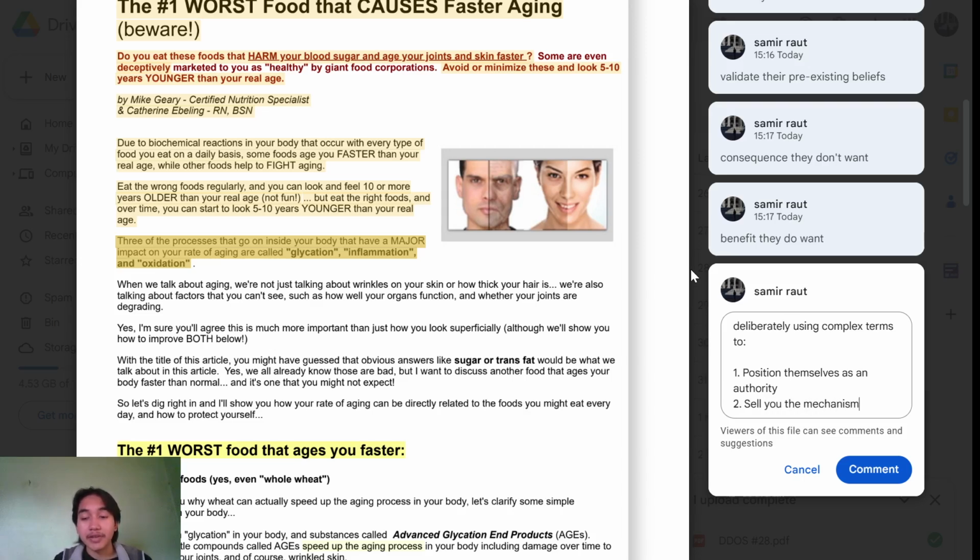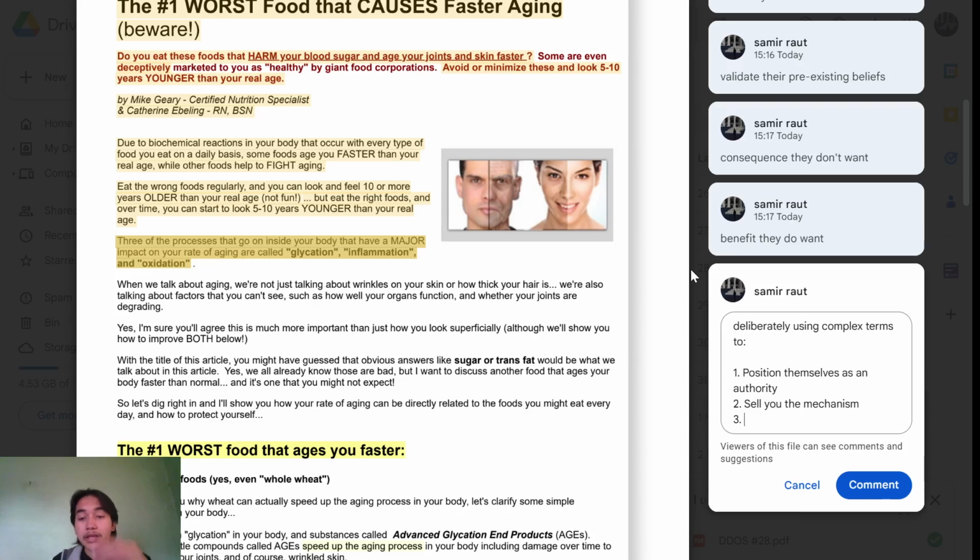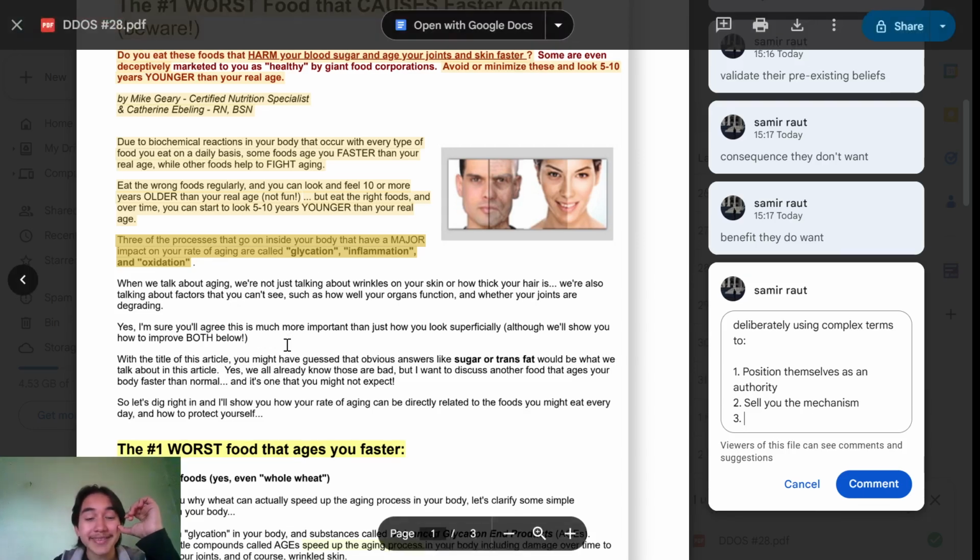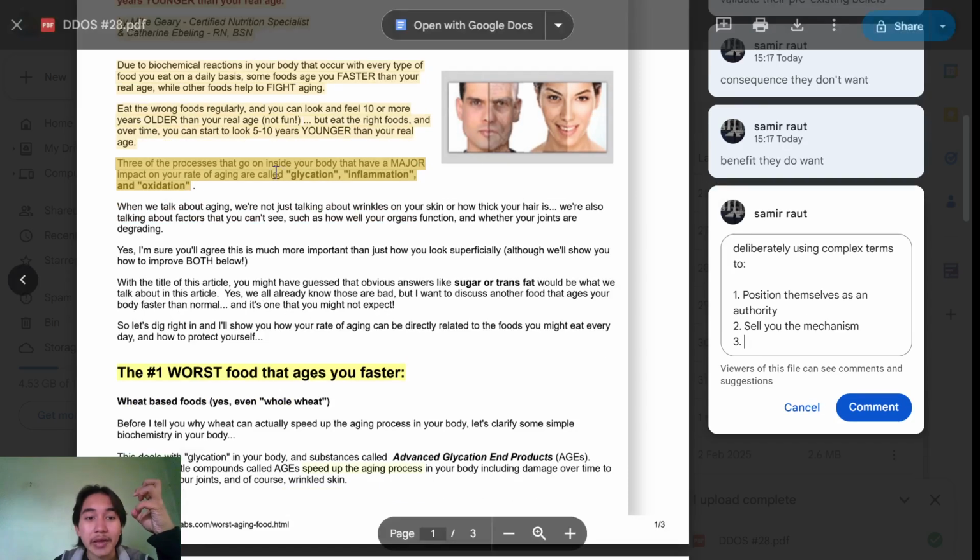Meaning they're going to sell you a process, they're going to tell you the food that helps, and they're going to use these terminologies.